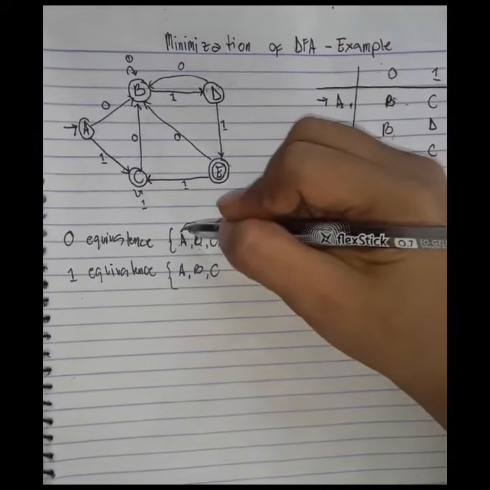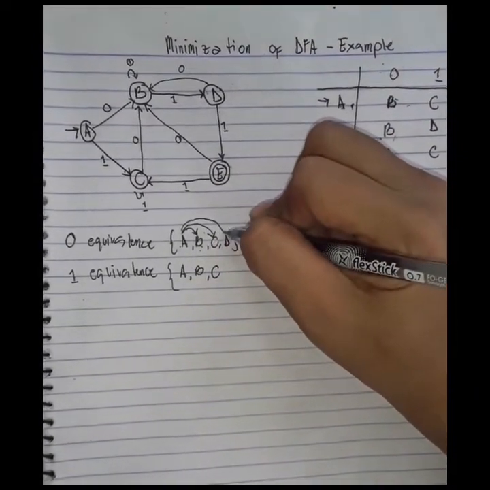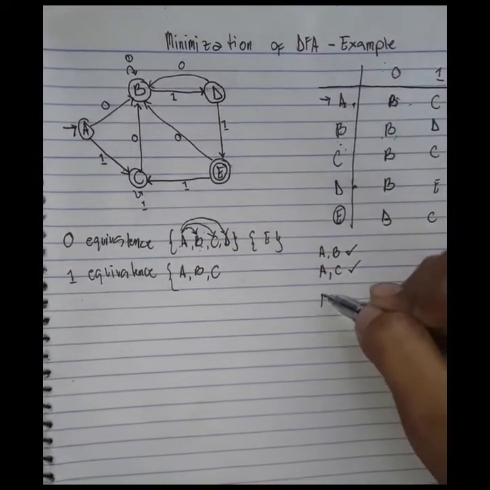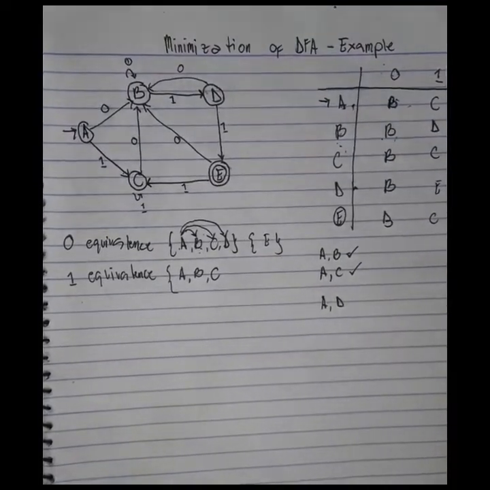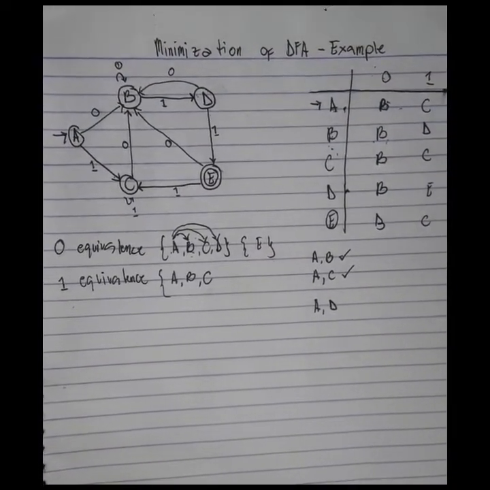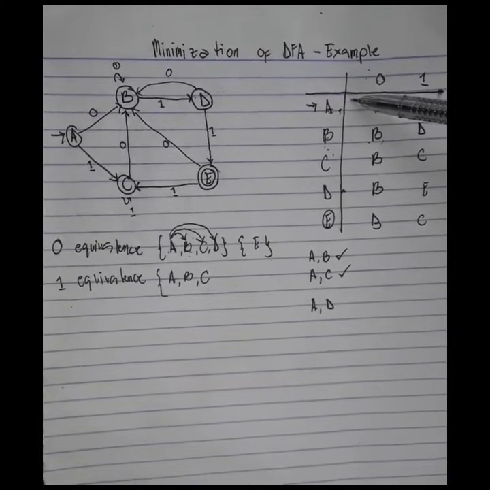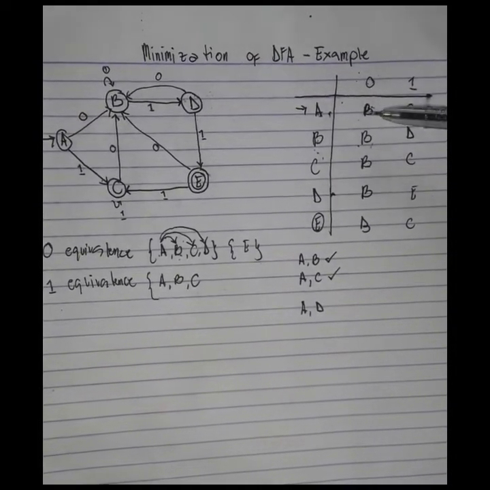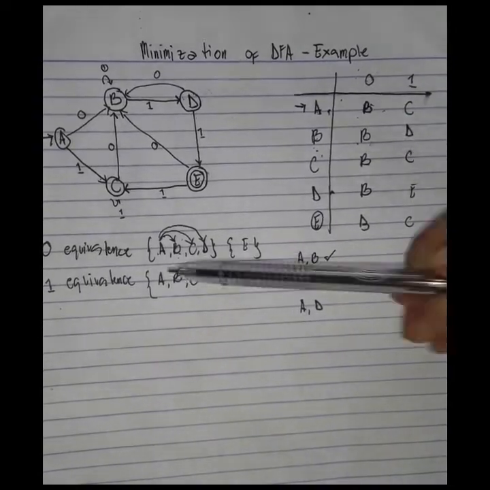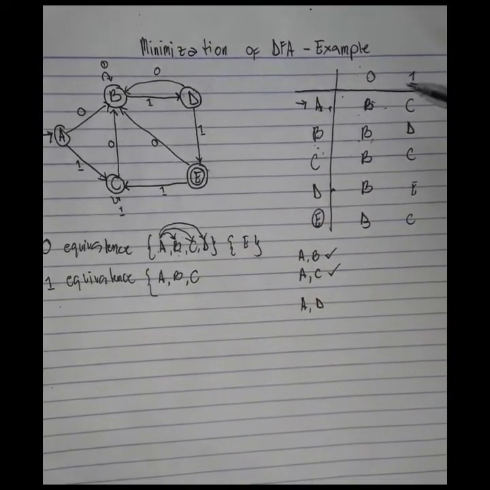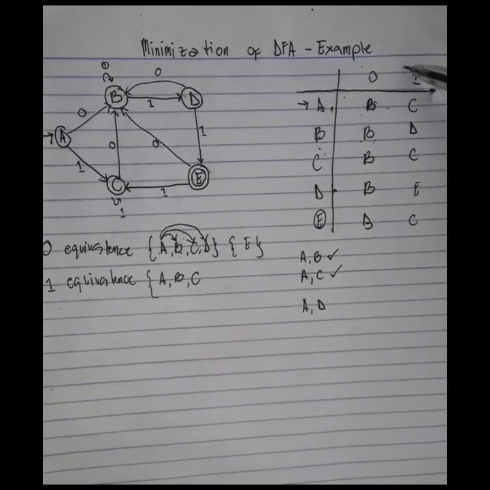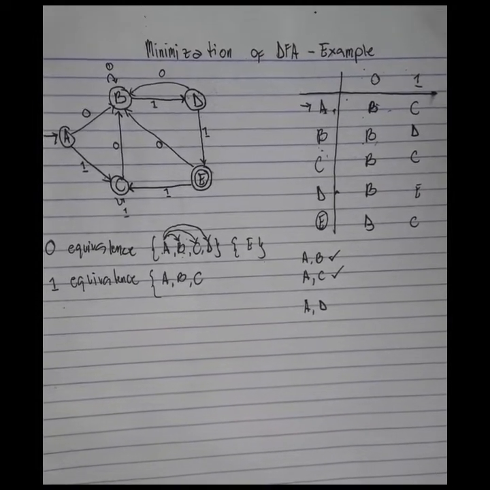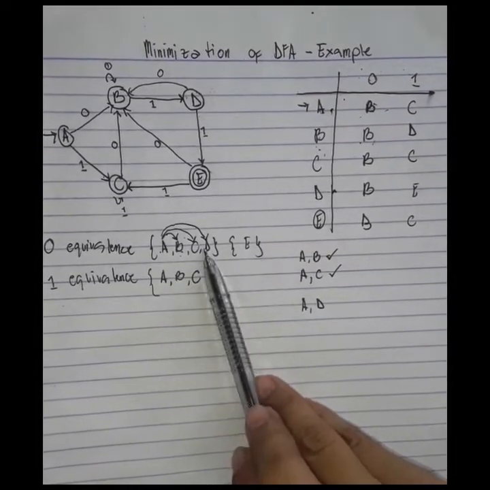So third, you have to check also the A and D. In A, the 0 input of A is B. So, okay. And in D, the 0 input of D is B. So it is okay. In 1, the 1 input of A goes to C. So it is okay.